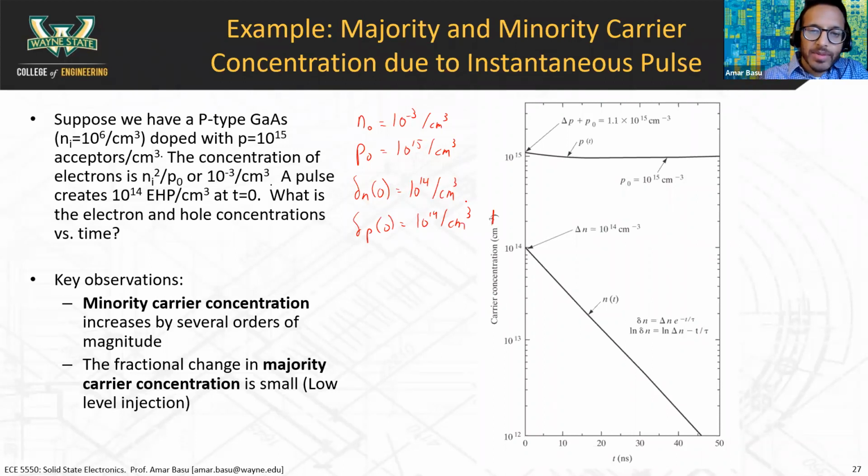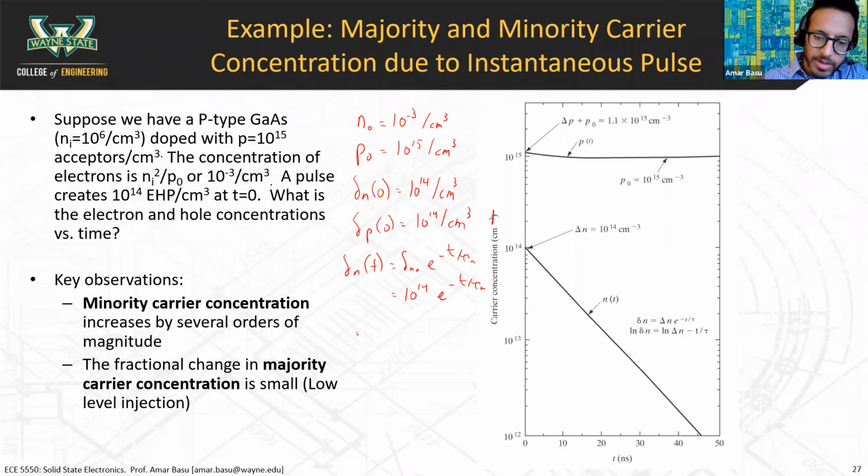So the next step is just figuring out the electron and hole concentrations with respect to time. So we can say delta n of t is equal to delta n0 e to the -t over tau sub n. And so this would be equal to 10 to the 14th e to the -t over tau sub n.